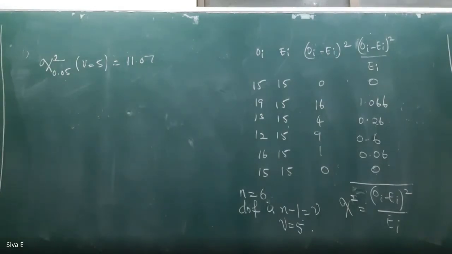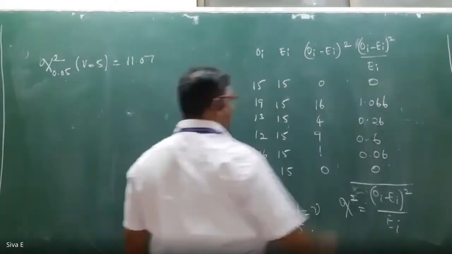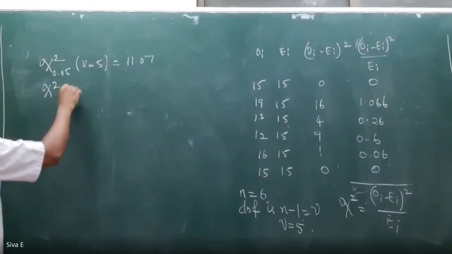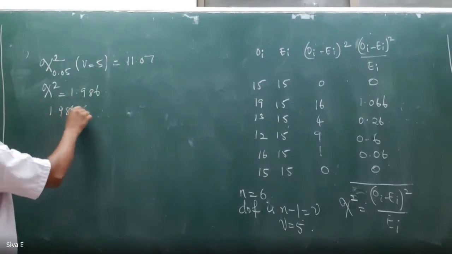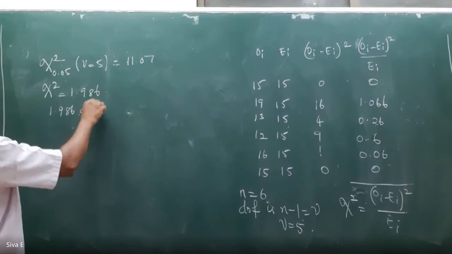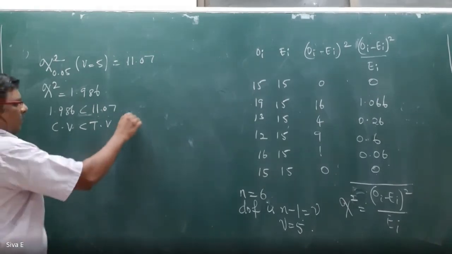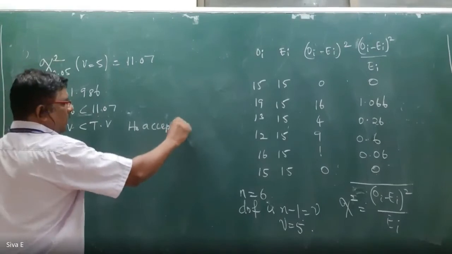Now, comparing the calculated value and table value. Calculated value chi square is 1.986. See here, 1.986 is less than 11.07. That means the calculated value is less than the table value. Therefore, H naught is accepted.